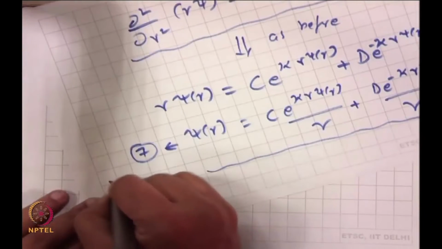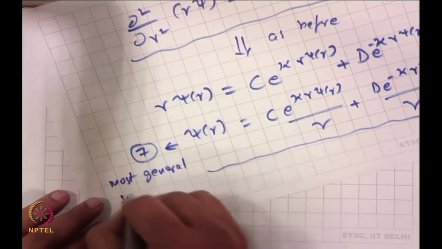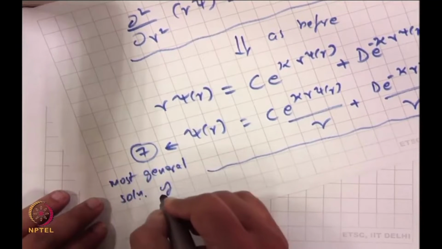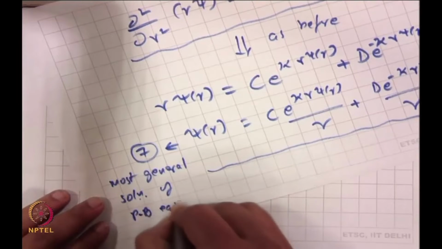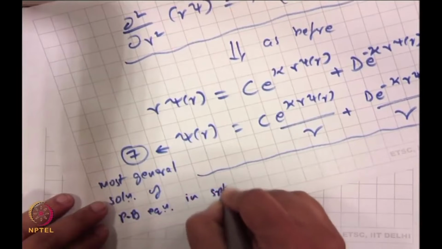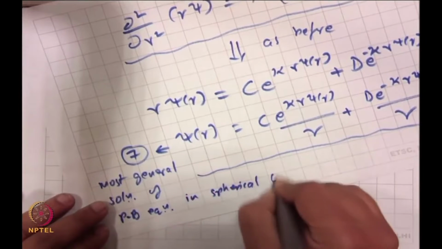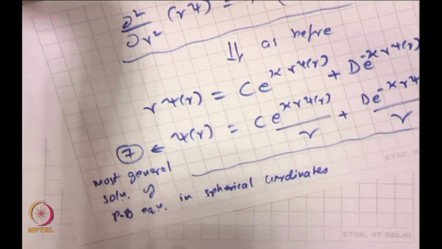My most general solution of the Poisson-Boltzmann equation or the biophysical equation in spherical coordinates. Is everybody okay with this? Please check and let me know.